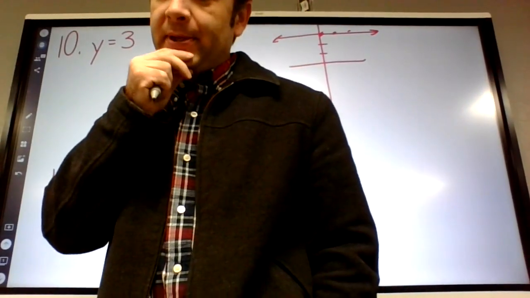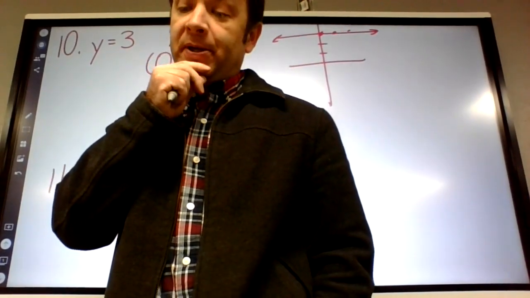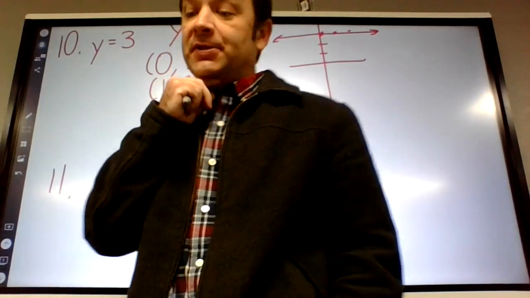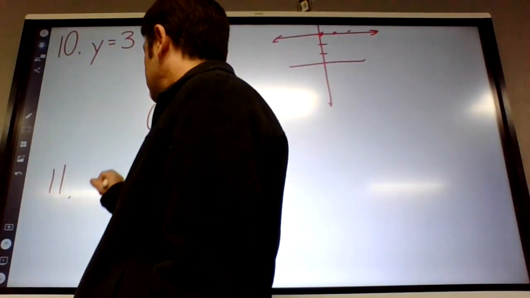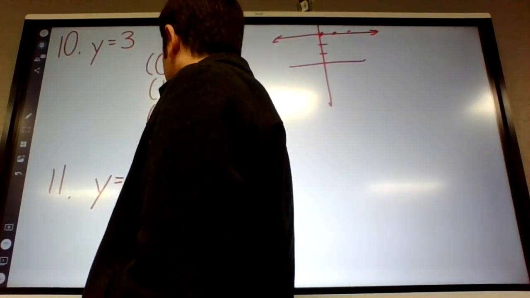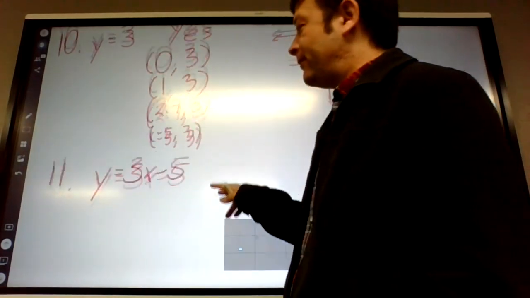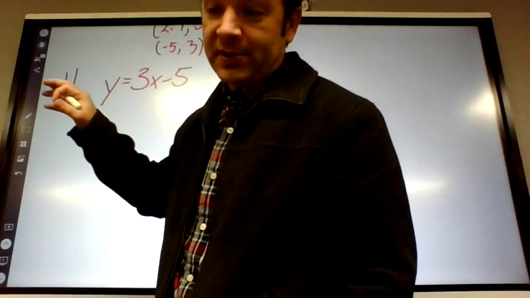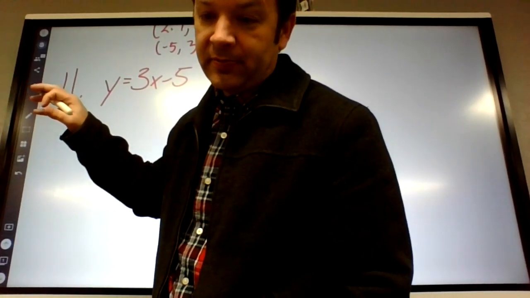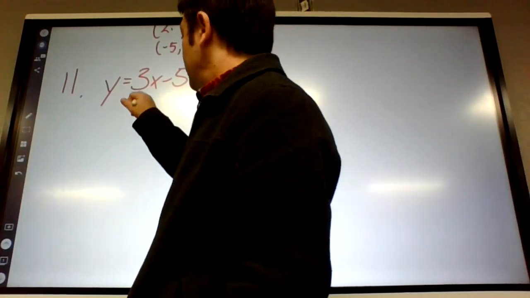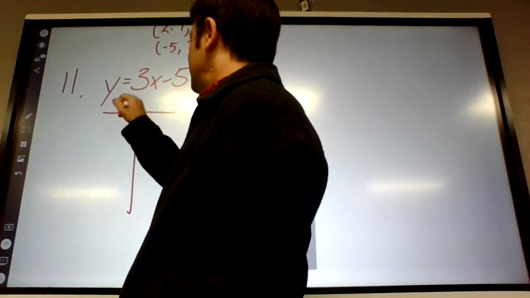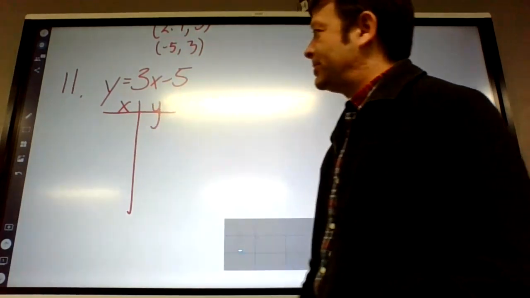Number 11. Make a table of at least 5 ordered pairs for y equals 3x minus 5. Is it a function? Okay, usually we made the tables when we were graphing. It doesn't ask us to graph this. So this is what they mean by table, like an XY table.